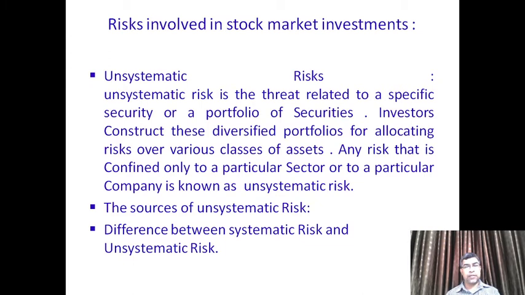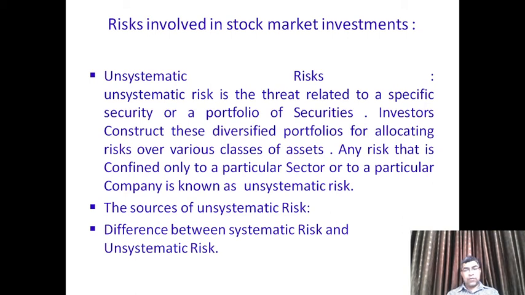Any risk that is confined only to a particular sector or a particular company is known as unsystematic risk. And if you are not diversified, that is undiversified risk, where you just invest in only one security. That is unsystematic risk. The sources of unsystematic risk are many, like not investing in many companies.